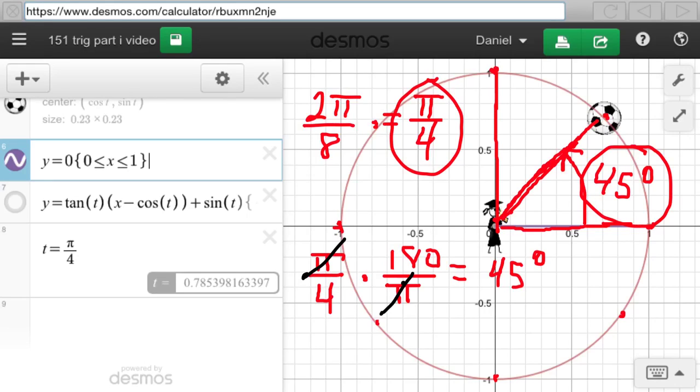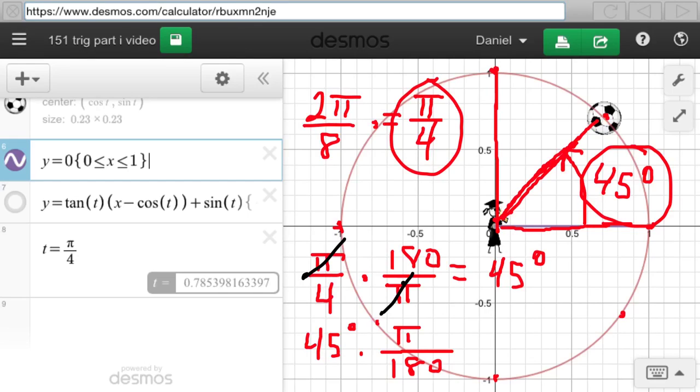And then you could also go the opposite way, right? If I wanted to convert 45 degrees into radians, I would write my 45 degrees, but now instead of multiplying by 180 over pi, I would multiply by the reciprocal of that, which is pi over 180.